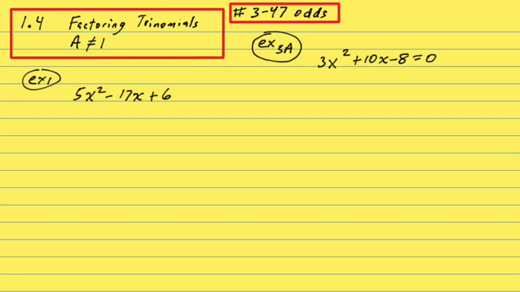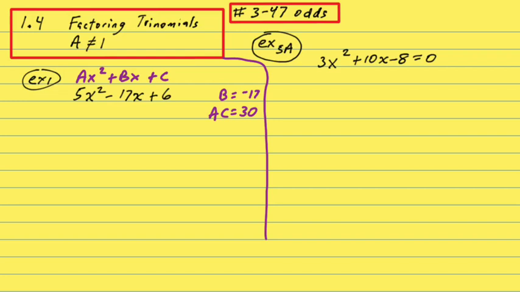Now, in this case, ax squared plus bx plus c. Can you tell me again what a times c would equal? 5 times 6 is 30. What is b? Negative 17, right? Now, I need to list all the factors of 30 that I can.